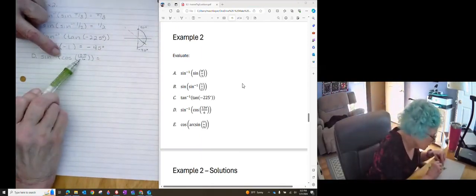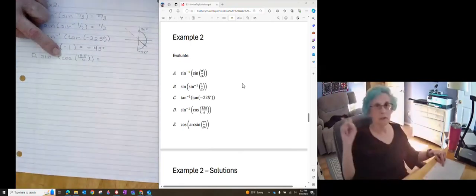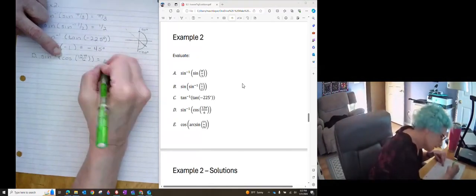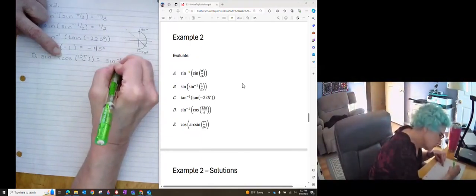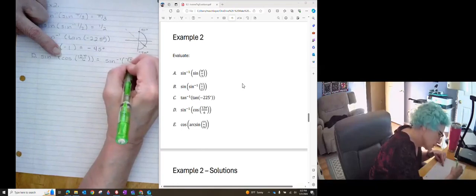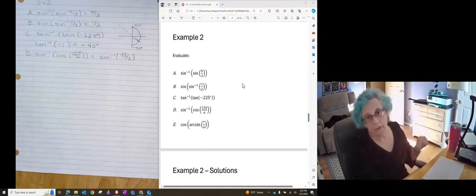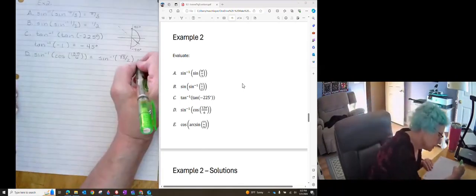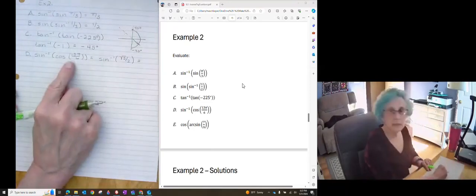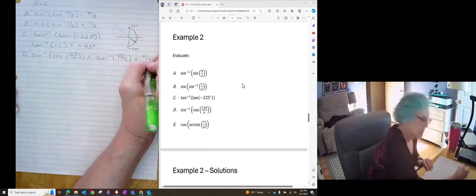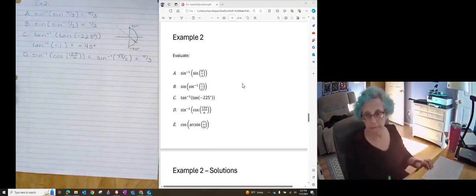Cosine of 13 pi over 6, well, that's all the way around the unit circle and back up to pi over 6 again. So this is the inverse sine of the square root of 3 over 2. And the inverse sine of the square root of 3 over 2, well, that's going to have 3 in the denominator, and since it's positive, it lives in quadrant 1.